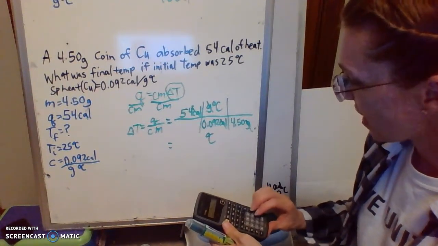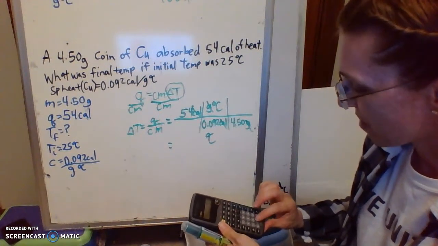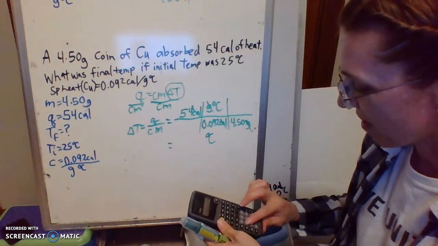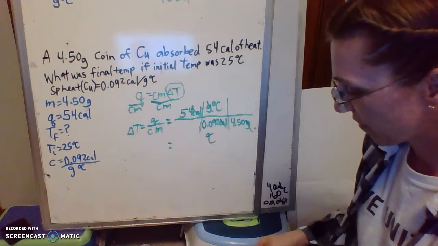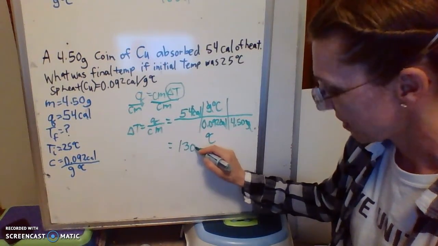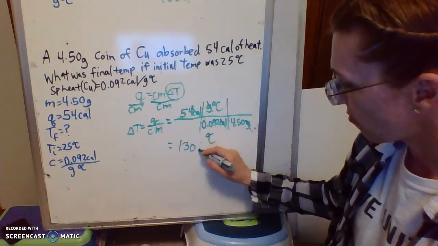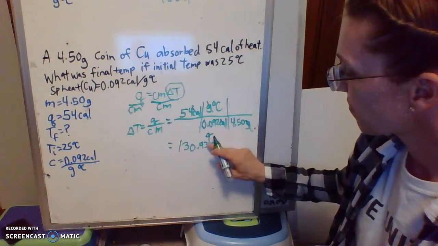54 divided by 0.092 divided by 4.5 equals, we get 130.43 degrees Celsius.